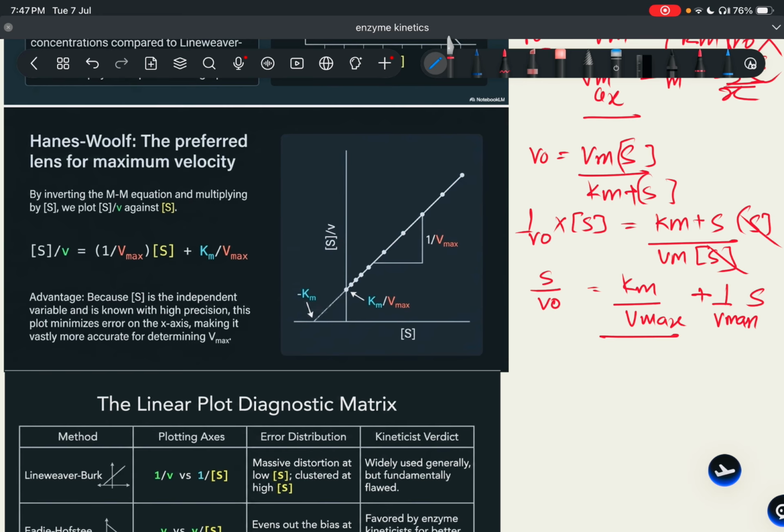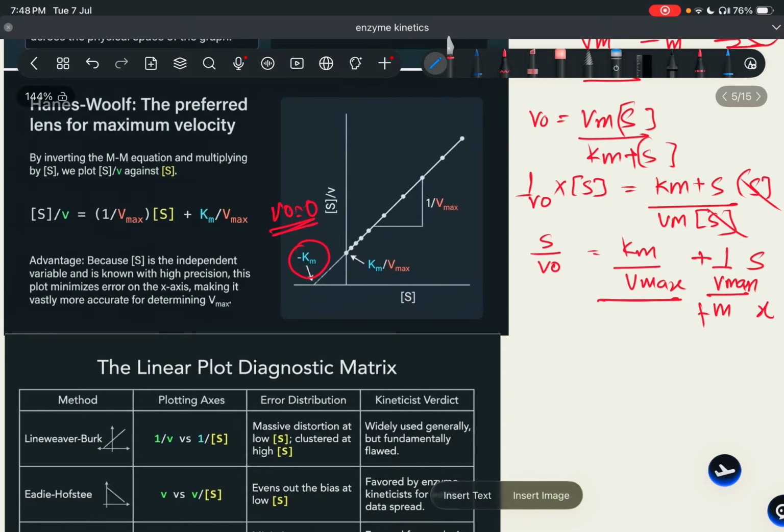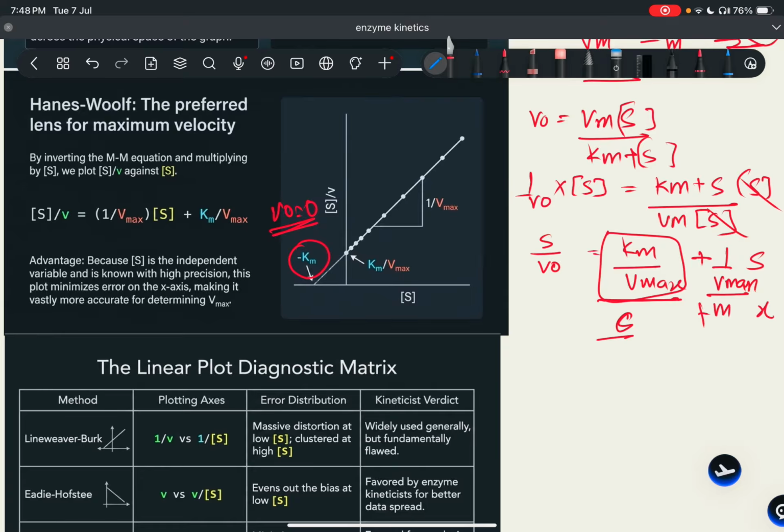Right. Now let's see. So this is your X, this is your M positive. You take it here as V naught, considering V naught to be 0. Now here, this is your intercept.